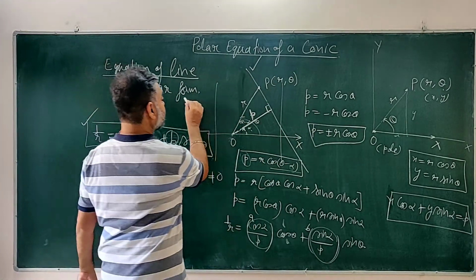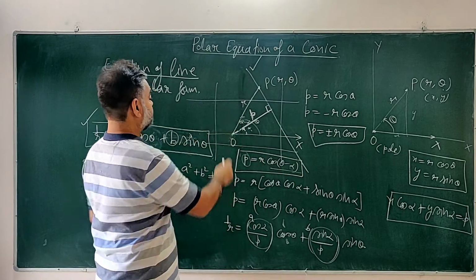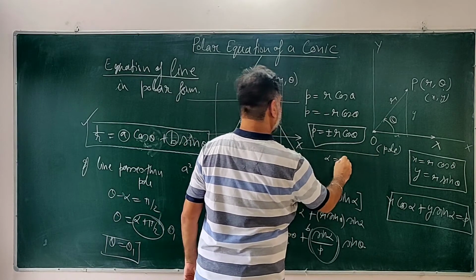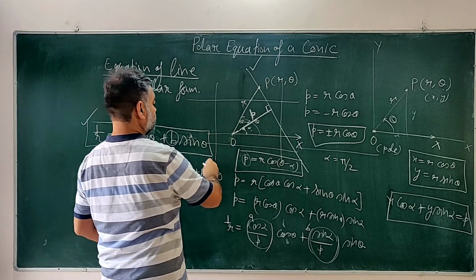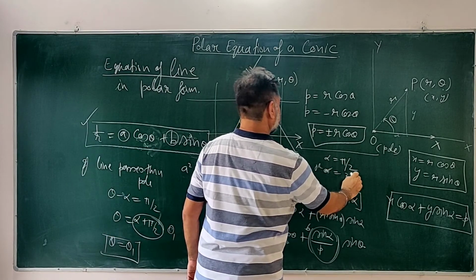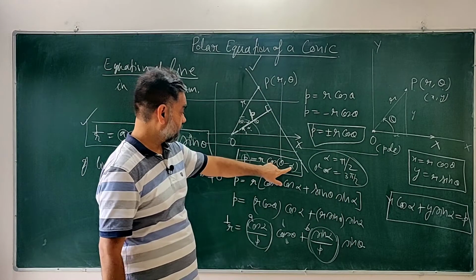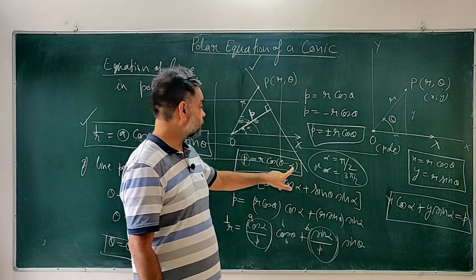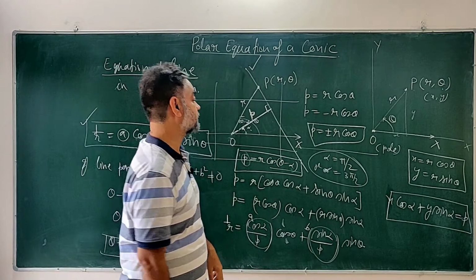And for a straight line which is parallel to the initial line, alpha would be pi by 2, or if it is on this side, alpha would be 3 pi by 2. If you put alpha equal to pi by 2, you get p equal to r sin theta, and if you put alpha equal to 3 pi by 2, you get p equal to minus r sin theta.